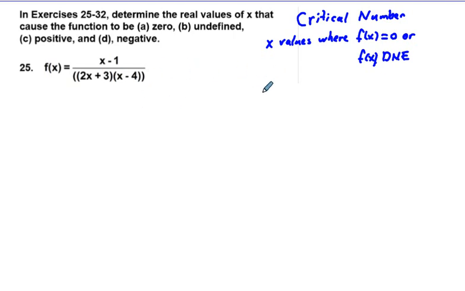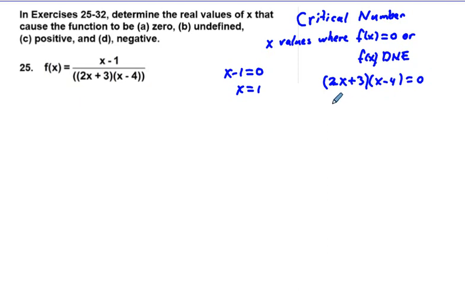Before that, we're going to set the numerator equal to 0. So x minus 1 is equal to 0, and x equals 1 is one of our critical numbers. Likewise, we set our denominator equal to 0: quantity 2x plus 3 times quantity x minus 4 is equal to 0.